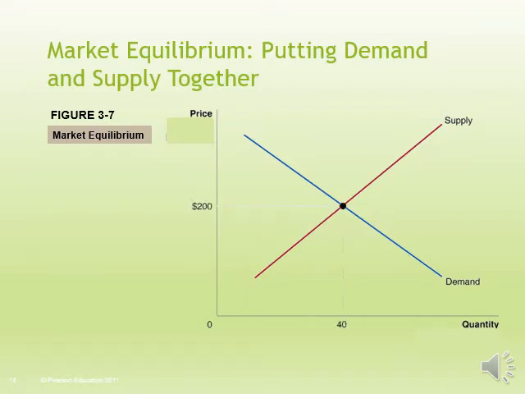So currently, where they intersect is the price of gold. It's $200 a gram. I believe the real price is probably a bit less than that, about $10 per gram.